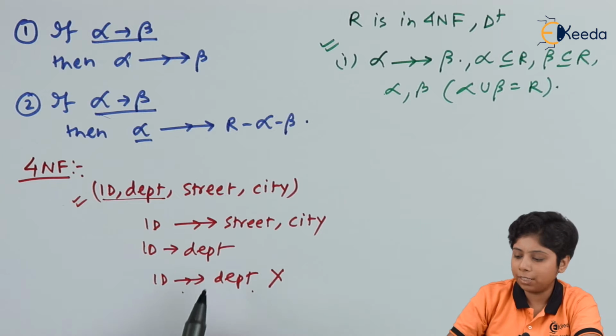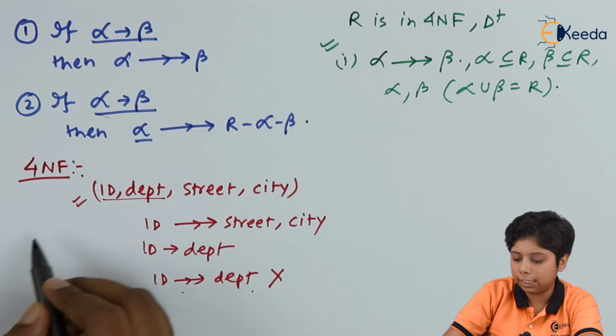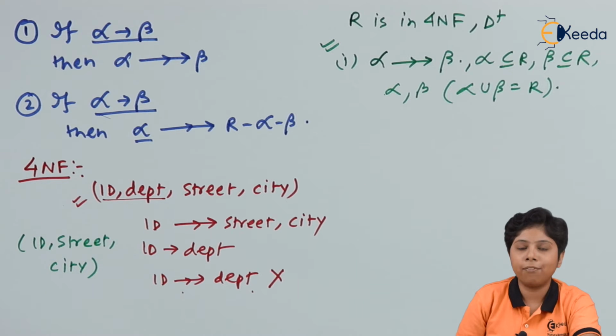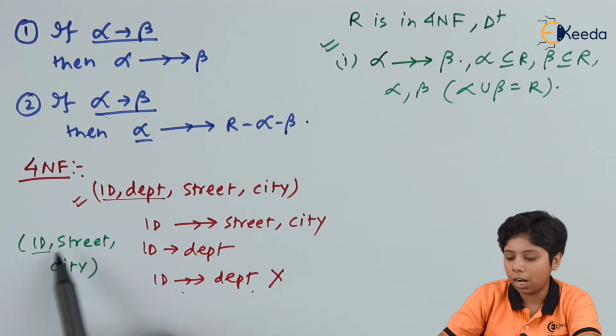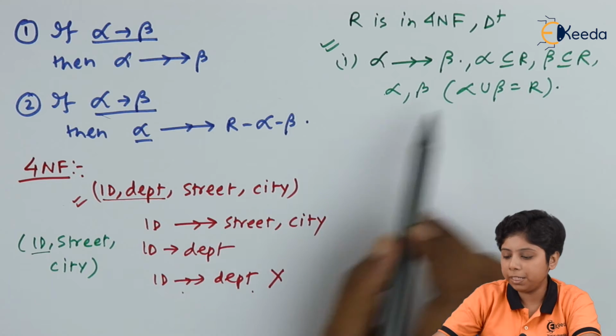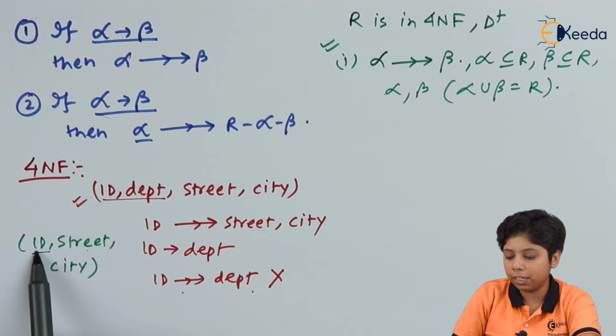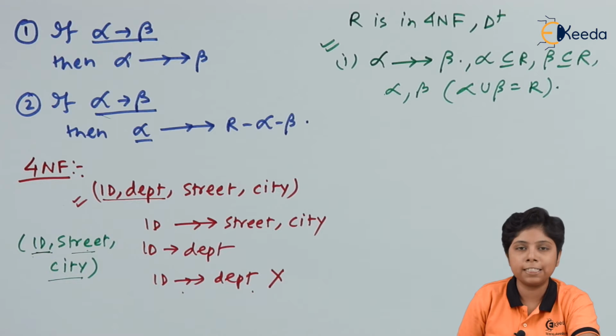That means if I divide it into ID, street and city, so my alpha is ID, that is a part of the R, ID, street, city. Beta is the street and city, which is also a part. And alpha beta, that means ID, street and city, is the relationship set attributes for the closure. So the first property holds for our 4NF.